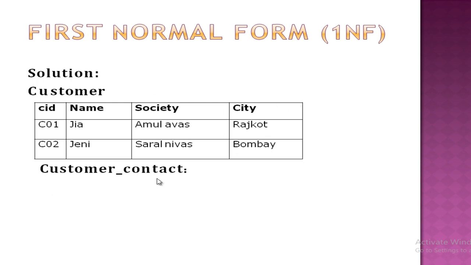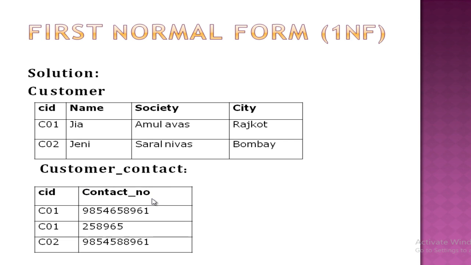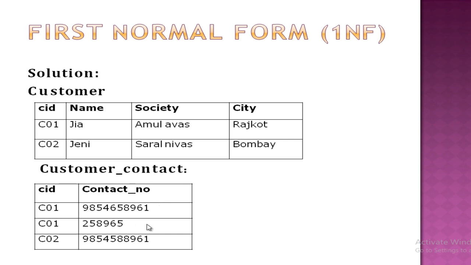Then customer contact contains the multi-value attribute, right? So here we have bifurcated it into the columns customer ID and contact number. Contact number contains only one contact number. So customer ID 1, customer ID 2, customer ID 3.